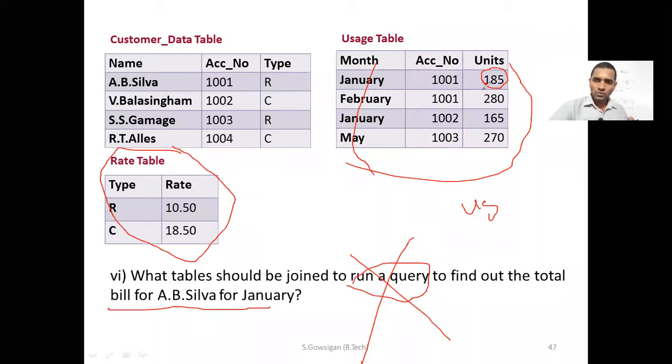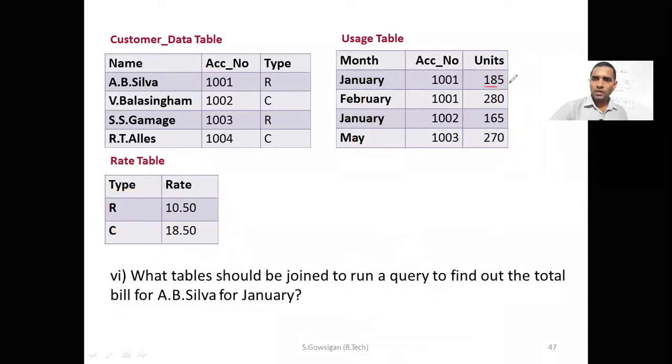So now look here, you found that 185 is the usage amount. That 185 must be multiplied by the rate. But the problem is you don't know whether it is multiplied by 10.5 or by 18.5. There is a confusion. Suppose there is only a single rate, say 10.50, then it's okay, you can multiply 185 by this 10.50.